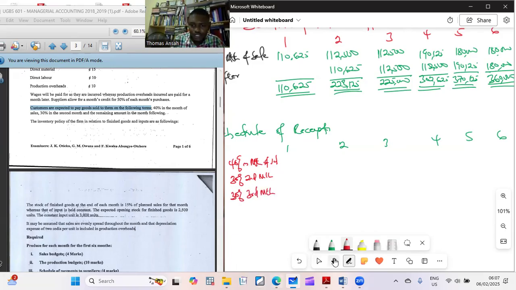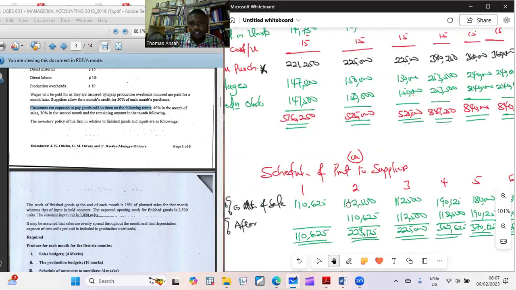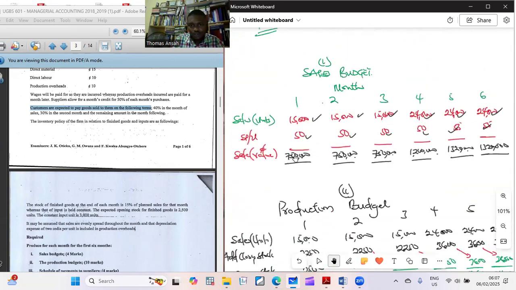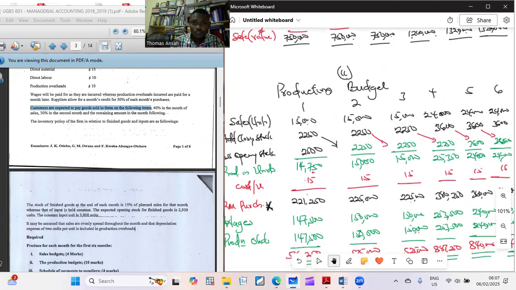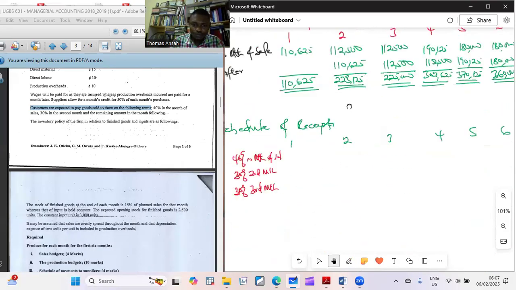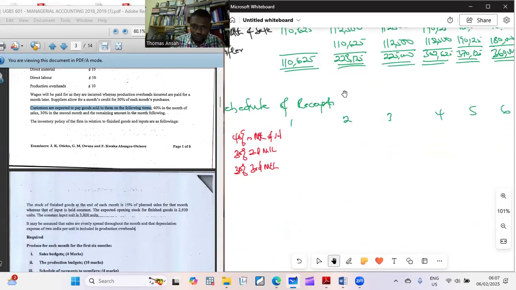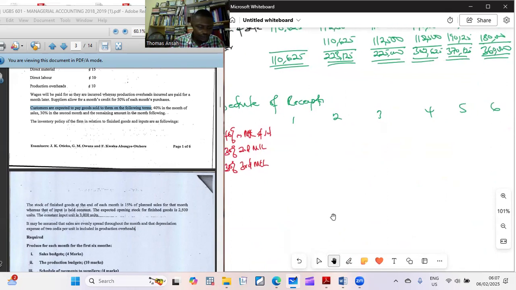So if you check your sales schedule, you do 40% of this and put it in the first month. 30% of that same figure will go to the second month. Then the third month will have the remaining 30%. So that is what we are doing. If you do 40% of 750, you realize that your first month will be 300,000.